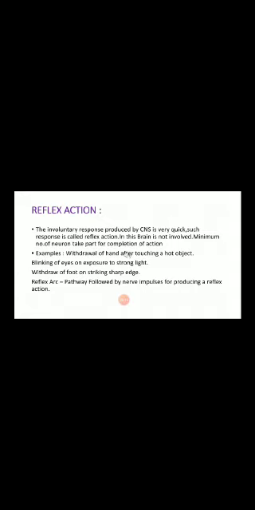In these actions, the brain is not involved and the minimum number of neurons take part in the completion of the action. Its examples are withdrawal of the hand after touching a hot object, blinking of the eye on exposure to strong light, and withdrawal of the foot on striking a sharp edge.